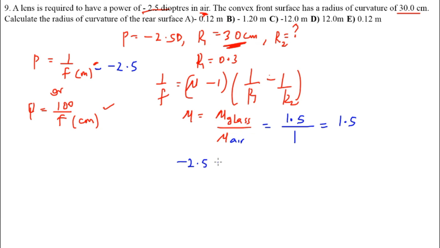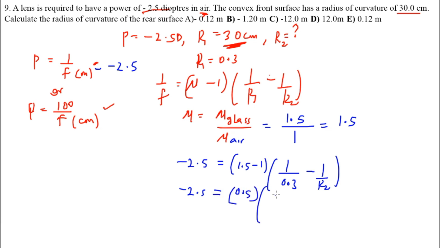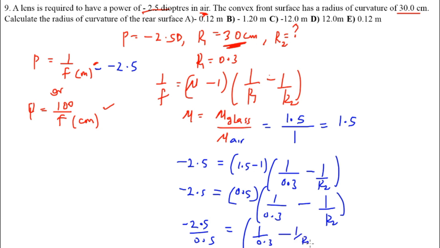So minus 2.5 is equal to 1.5 minus 1, times 1 over r1, which is 0.3, minus 1 over r2. So minus 2.5 equals 0.5 times 1 over 0.3 minus 1 over r2.